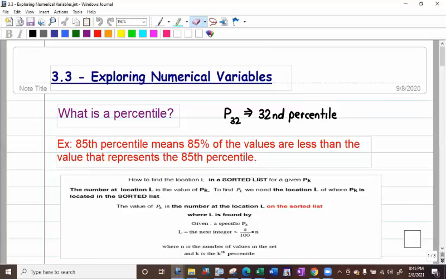Percentiles are used quite a bit. I think they use percentiles when they talk about baby development and child development. Take a little baby, say 6 months old. The doctor might tell you your baby's in the 48th percentile for weight and the 62nd percentile for length.